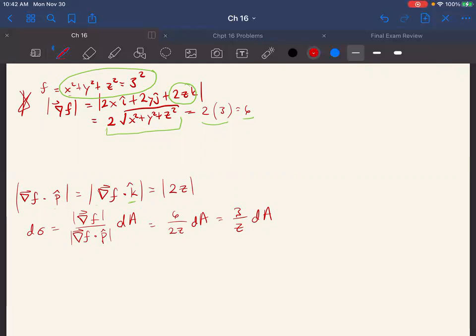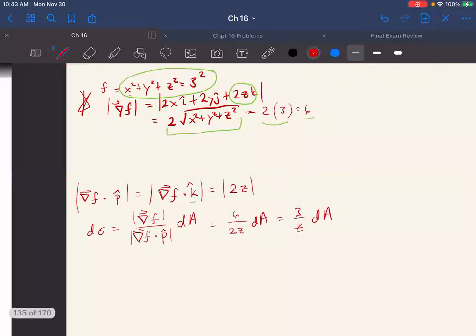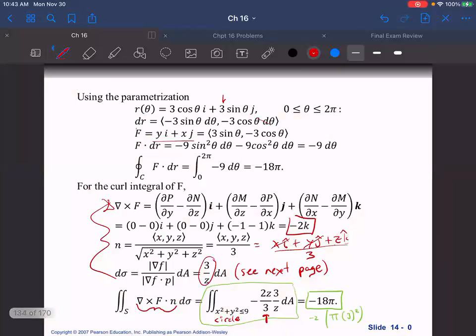And then down here, our gradient dotted with p is the gradient dotted with k, which just means we're pulling out the k component, which is just that 2z up there. And so our d sigma becomes the magnitude of gradient f over the magnitude of gradient f dotted with p, the z component. And so this becomes 6 over 2z, which is just 3 over z, and then integrate over the area, so dA. So that's what we have.